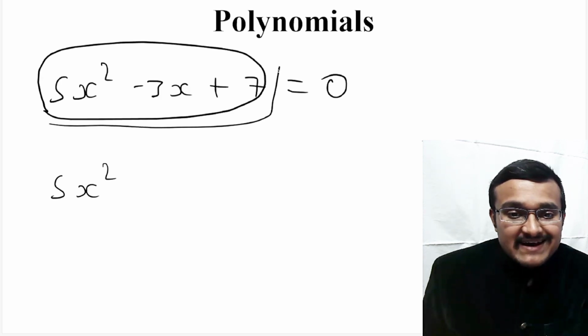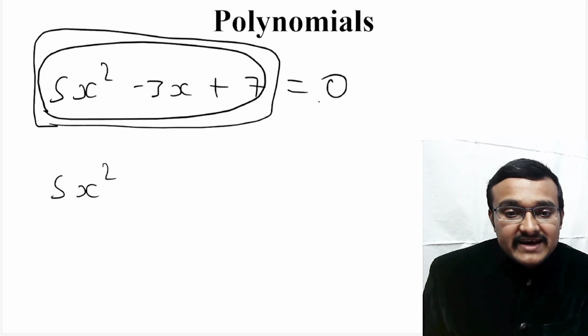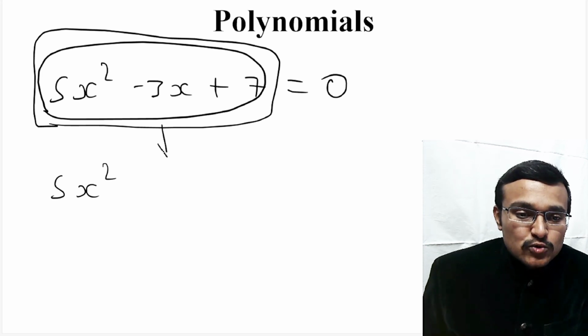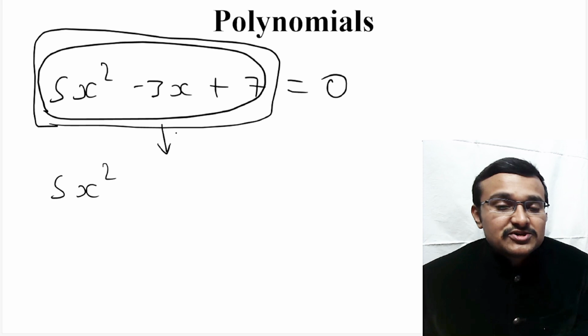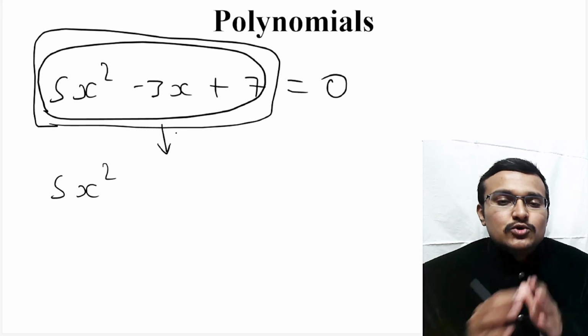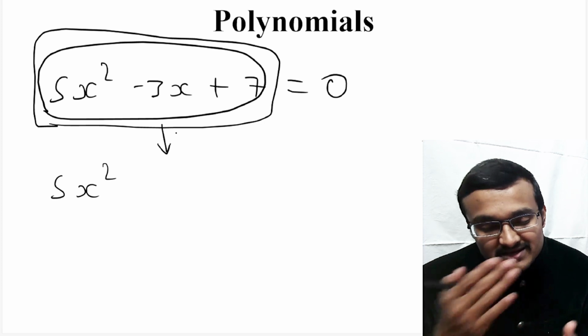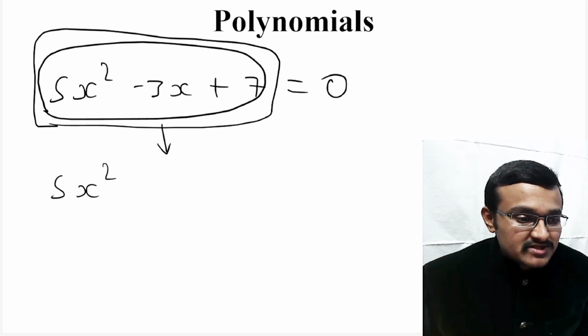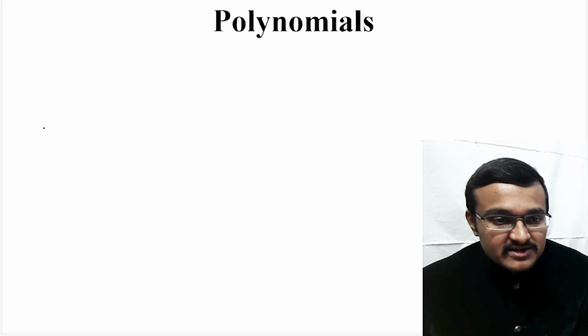If you try to factorize this 5x square minus 3x plus 7, then you will get the root of this polynomial and hence you will get the 0 of this polynomial. Don't worry about factorization. I will teach how to factorize a polynomial in my next videos. In this video, we will try to understand what is the 0 of a polynomial.